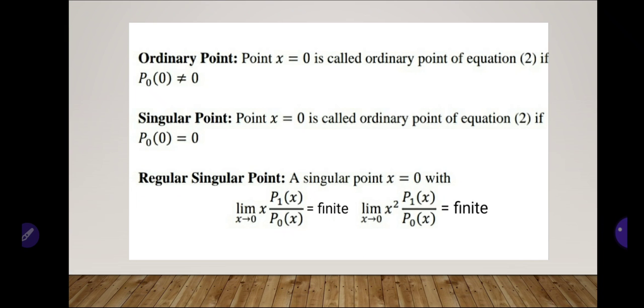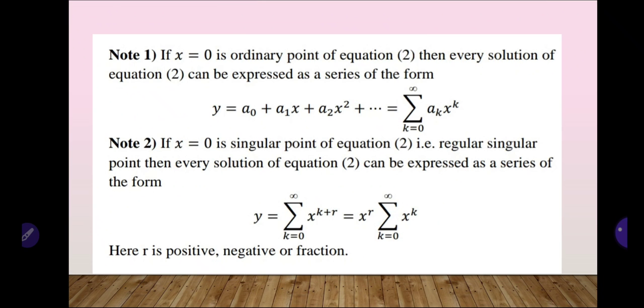Then the next one is a note. If x equal to 0 is an ordinary point of equation 2, then every solution of equation 2 can be expressed as a series of the form y equals a0 plus a1x plus a2x square plus dot dot dot. In short, we can write summation k varies from 0 to infinity ak x to k.